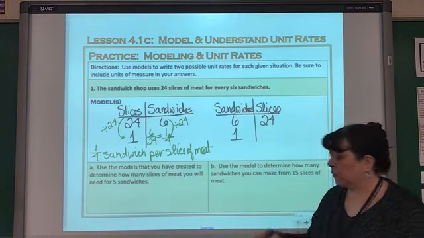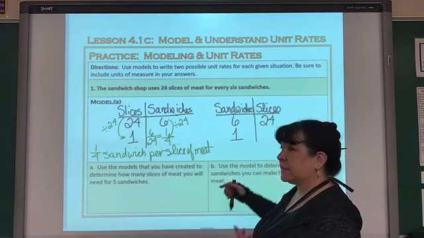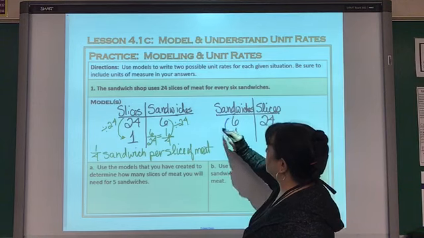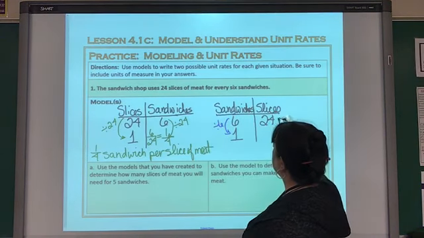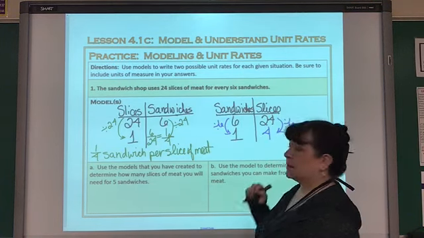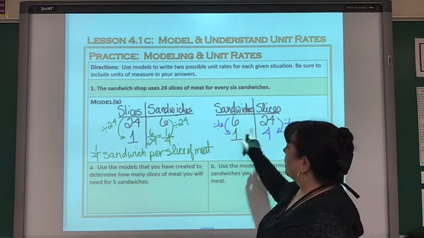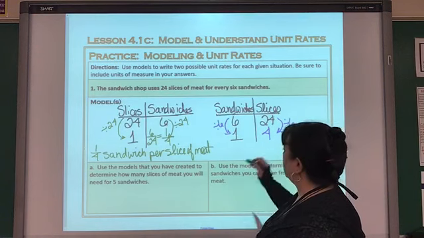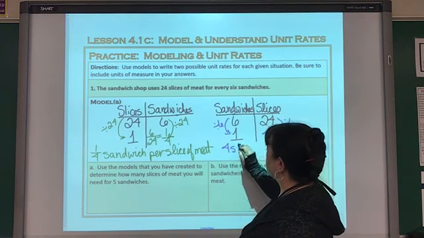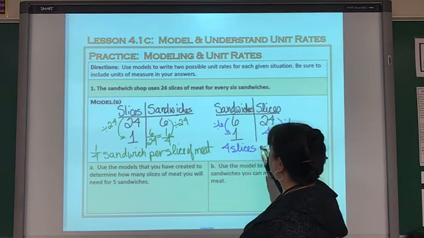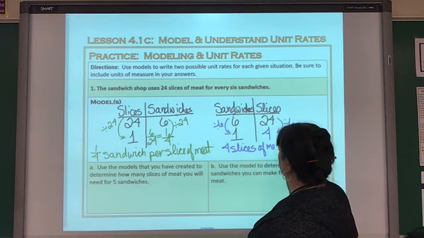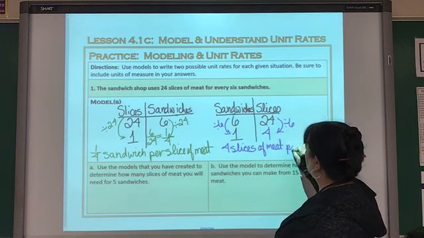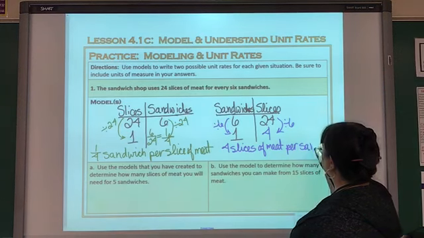Conversely, on this one, we are going to go from 6 to 1. To go from 6 to 1, I merely divide by 6. 24 is easily divided by 6 and is 4. That gives me my unit rate of 4 slices of meat per sandwich.